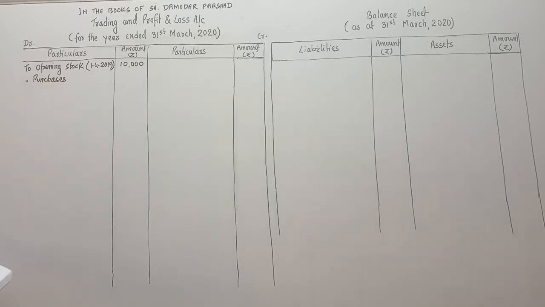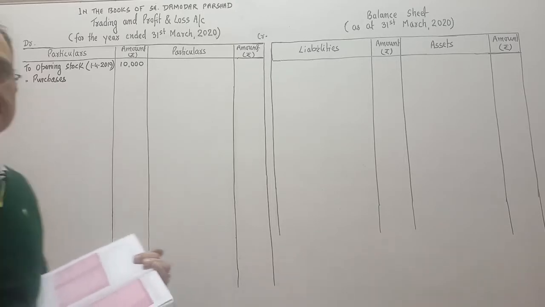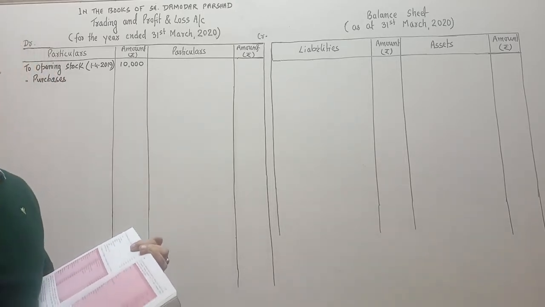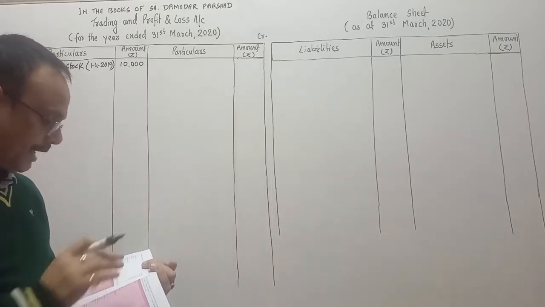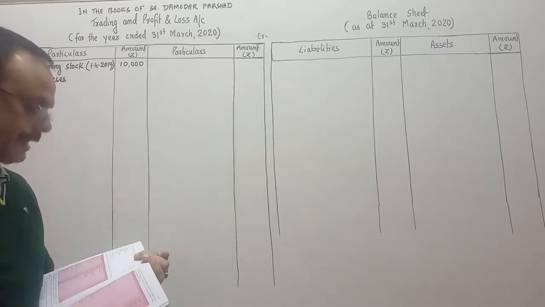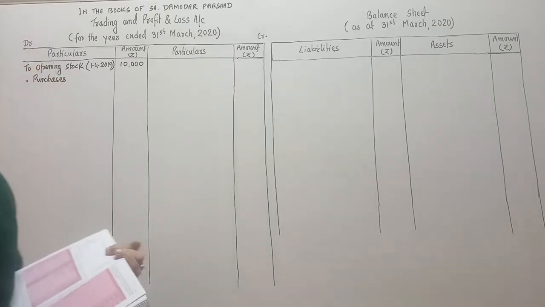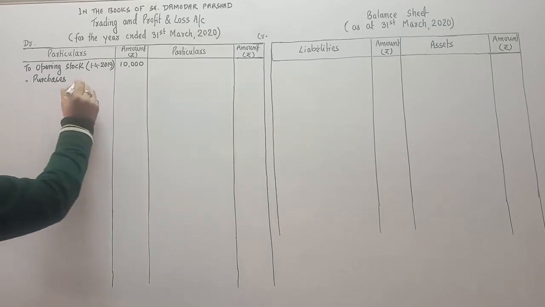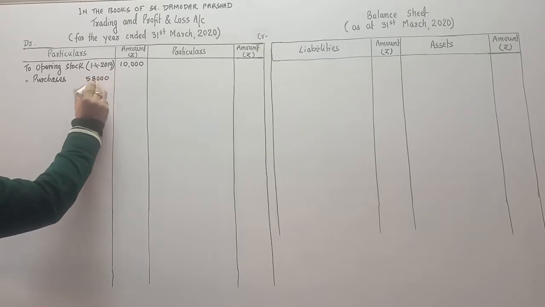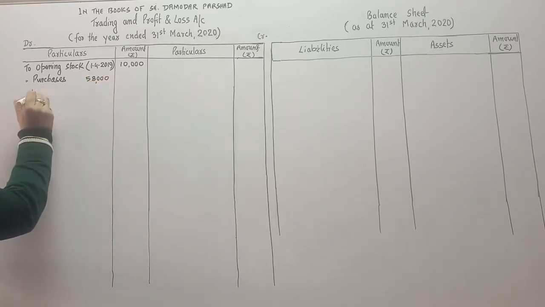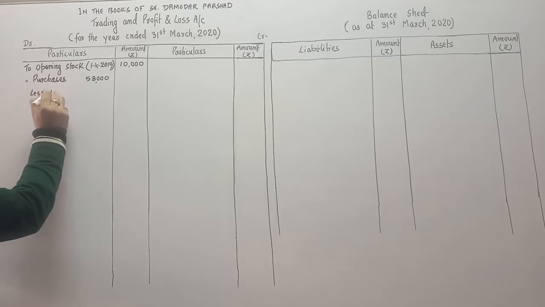When we write the purchase, we have to see whether purchase return is given in the trial balance or not. On the credit side, return outward is the purchase return. So the purchase amount we will write in the inner column. 58,000 is the purchase. We will deduct less purchase return, that is return outward.